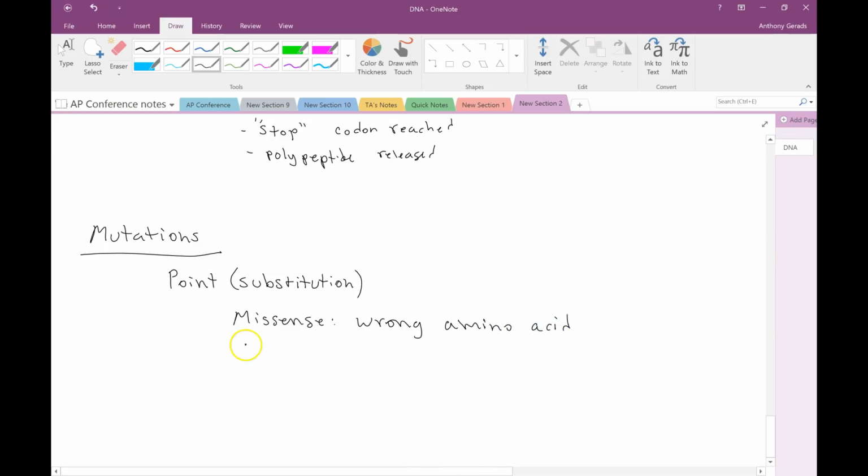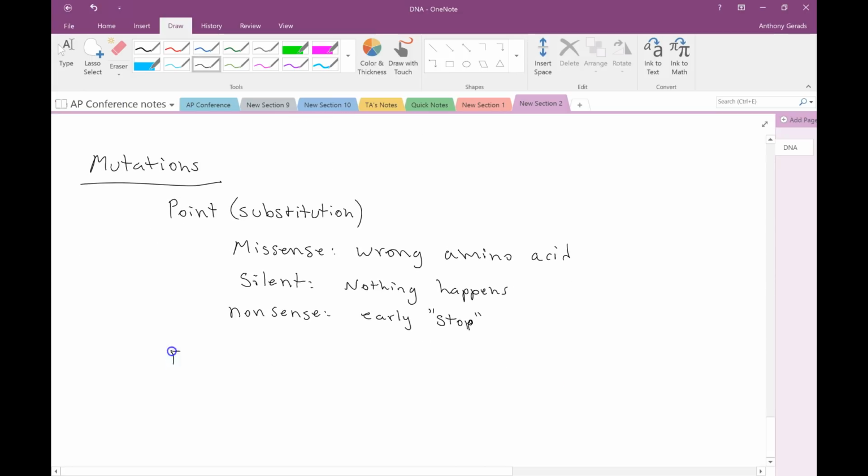In a silent mutation, nothing happens. In a nonsense mutation, we get an early stop codon.